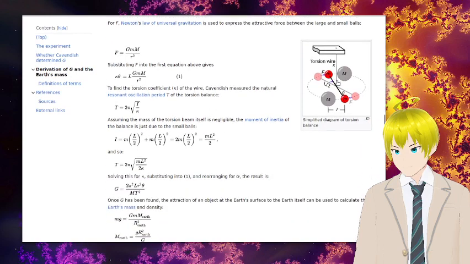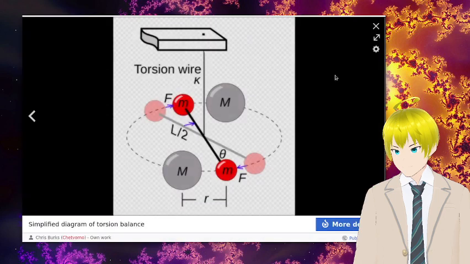And you see, here it is, over here on the right. You have your torsion wire, and this mass is suspended from the torsion wire, like it's balanced on a beam. You bring other big masses near it, like lead balls, and it deflects them. Actually, it doesn't just deflect them, right? Because this is balanced so delicately, it causes them to wobble around a new center, and then they come to rest around a new center.